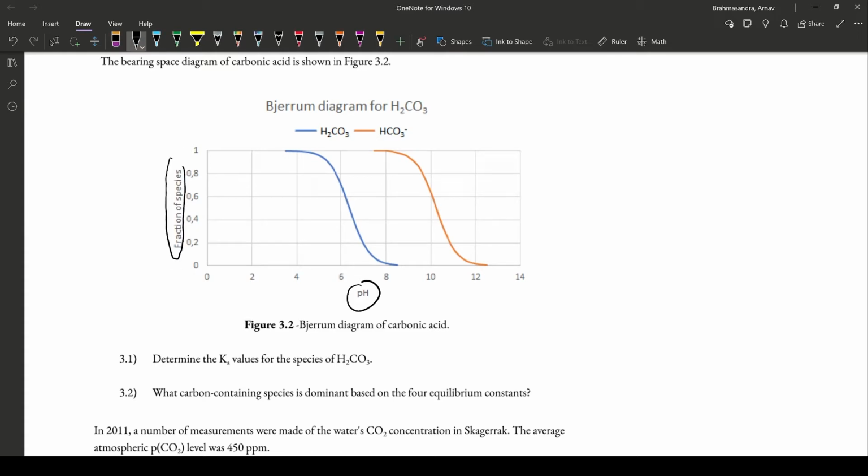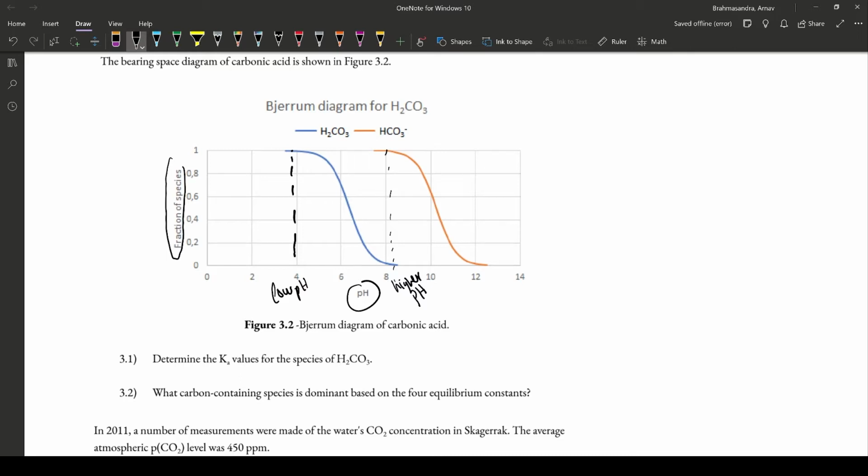Let's look at this diagram. At low pH, we have a high fraction of H2CO3. That makes sense: at low pH, if we think about Henderson-Hasselbalch, we'll have a lot of the protonated form of our acid. As we increase the pH, at slightly higher pH, we have a high concentration of HCO3 minus.